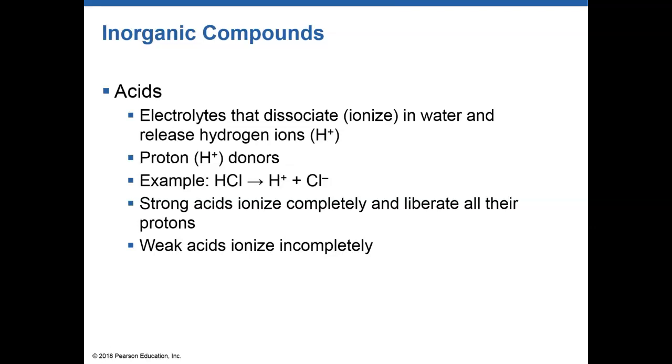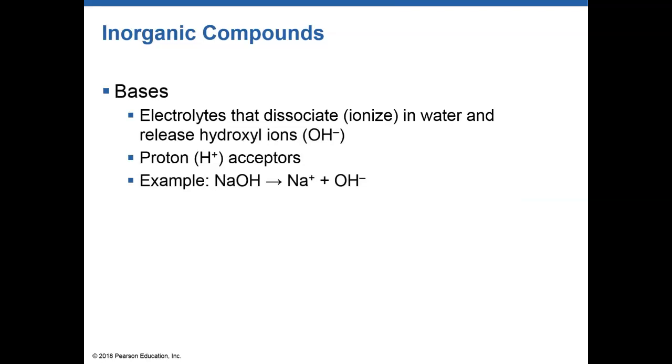That's all it is. So oftentimes we say acids are proton donors and a proton would be a hydrogen ion. Weak acids are incompletely ionized, whereas strong acids tend to completely ionize and release a lot of protons.